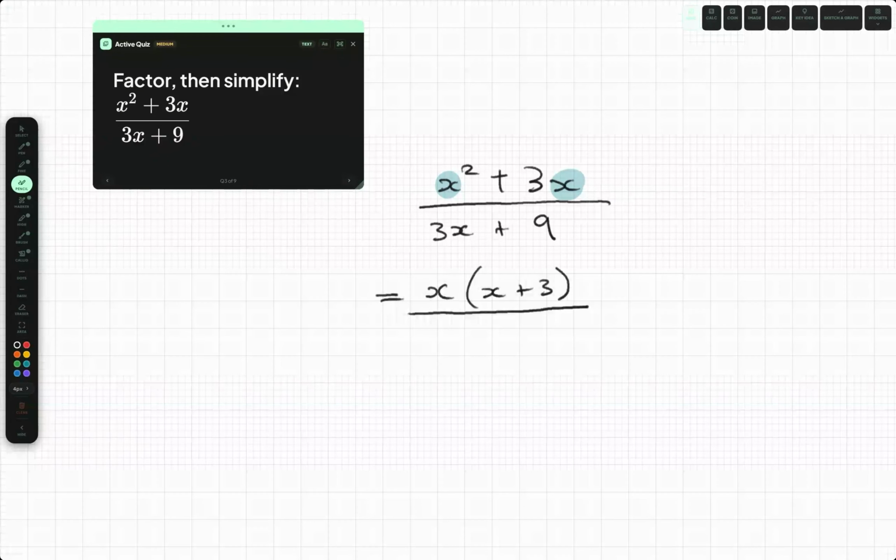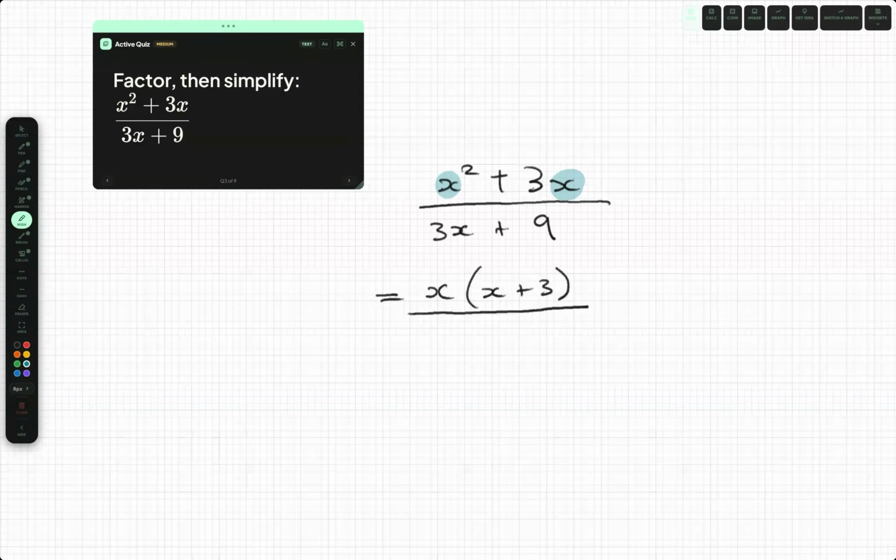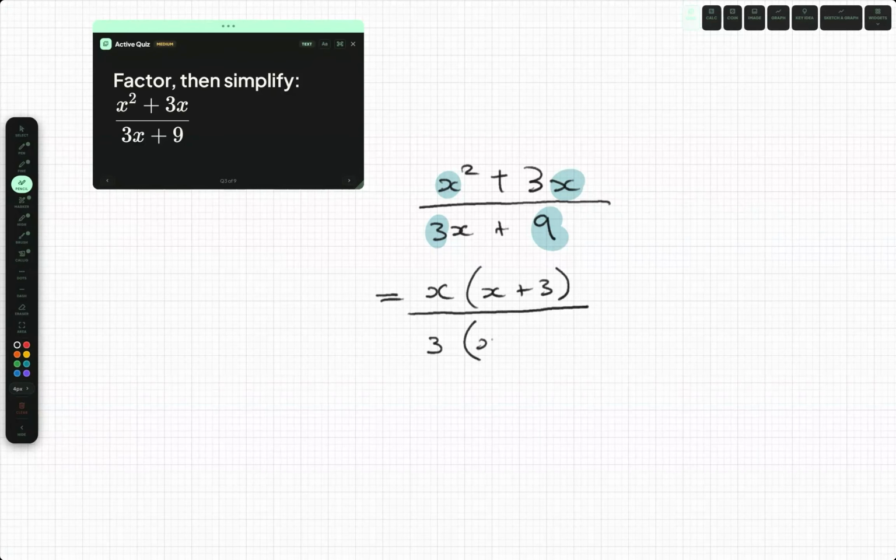Next, looking at our denominator, what's the common multiple here going to be? Well, it's going to be to do with the numerical values of 3 and 9. And if we look at them closely, we can see that they're both divisible by 3. So I will bring the 3 out the front, divide 3x by 3 and get x, and divide 9 by 3 and get 3.